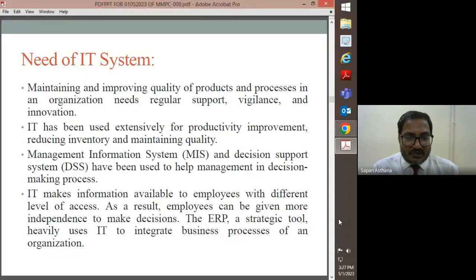IT makes information available to the employees with different levels of access. As a result, employees can be given more independence to make decisions. The ERP strategic tool heavily uses IT to integrate business processes of an organization.